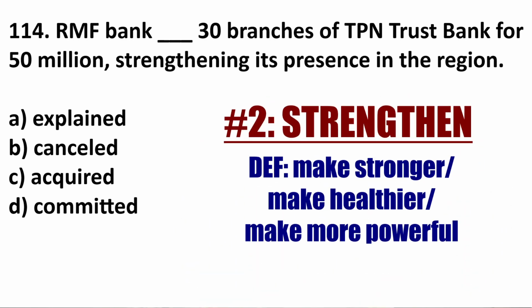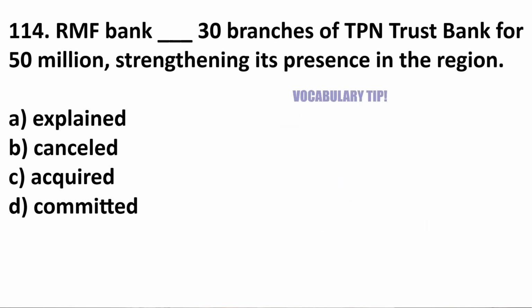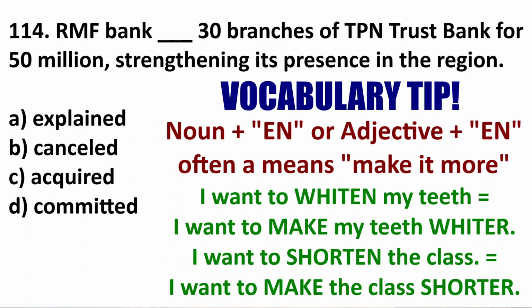Number 2, the word is strengthen. To strengthen means to make stronger, make more powerful. Now, here's a vocabulary note. If you see noun plus en or adjective plus en, it is often a verb which means make it more of that.